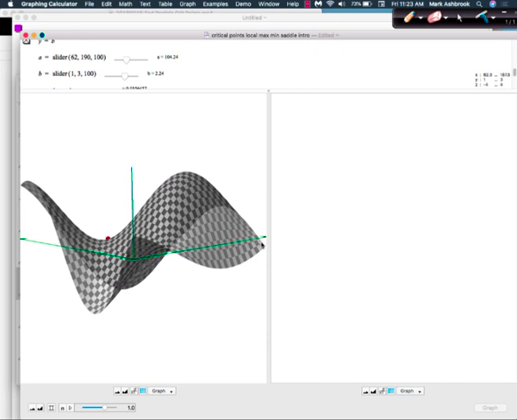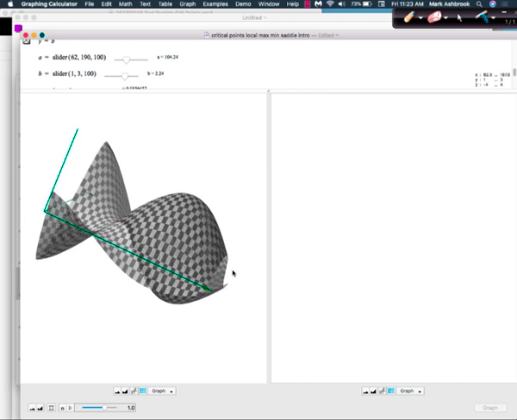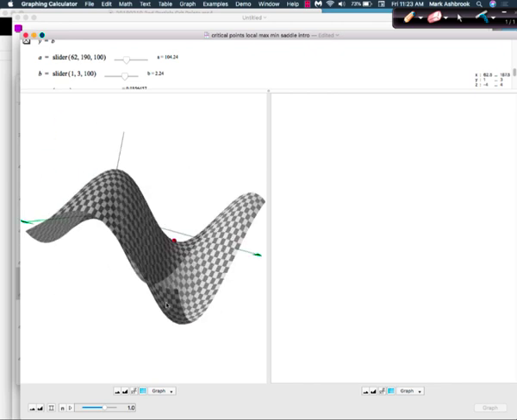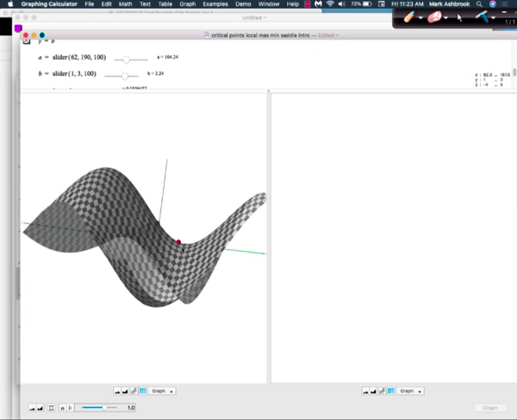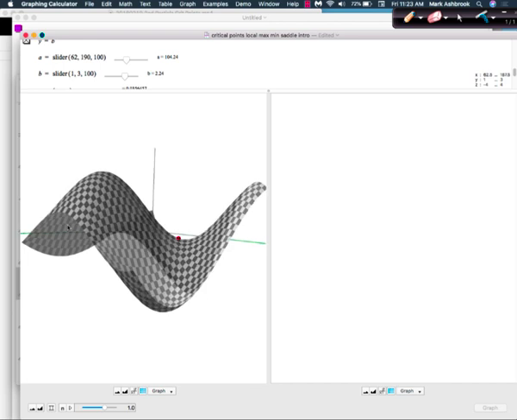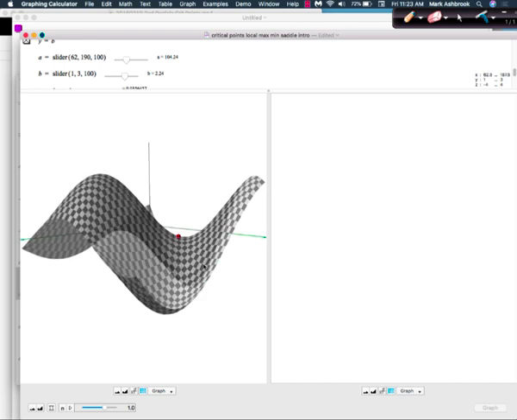Oh, that's not the right place, is it? But you know what I'm trying to do. You know where I'm trying to go. So I'm right there. Okay? So it depends which way you're going, right? If you're traveling this way, along this diagonal here, you have a local max. But if you're traveling this way, across the screen like this, it'd be a local min.